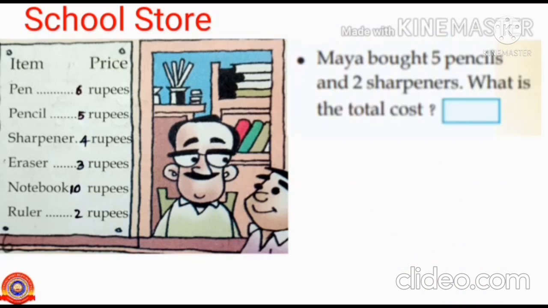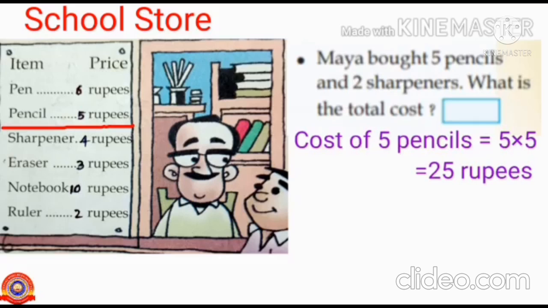Next, Maya bought 5 pencils and 2 sharpeners. What is the total cost? What is the cost of 1 pencil? Yes, 5 rupees. So cost of 5 pencils equals 5 times 5. That is 5 into 5 equals 25 rupees. What is the cost of 1 sharpener? 4 rupees.